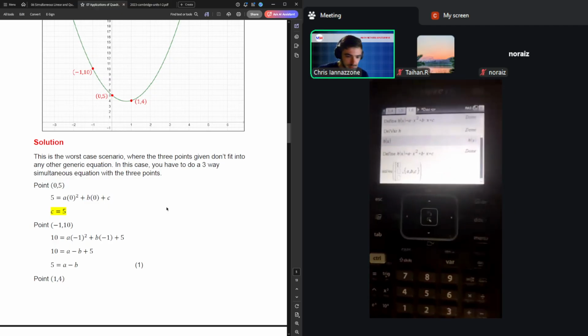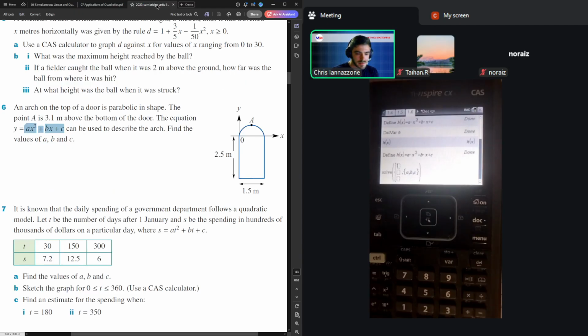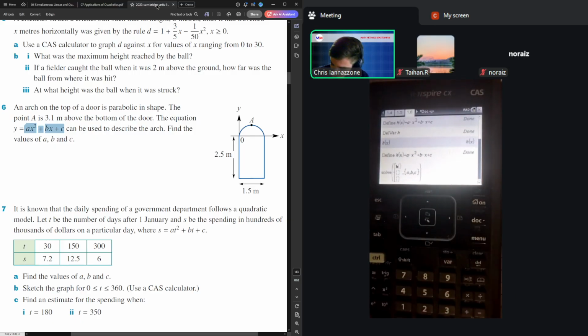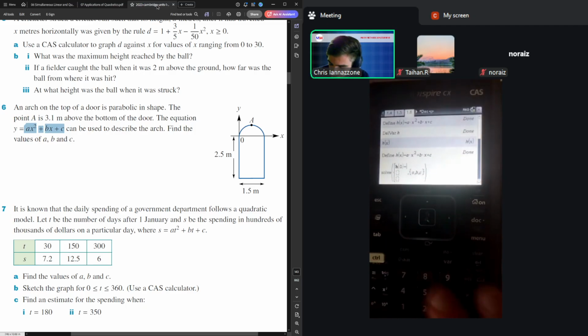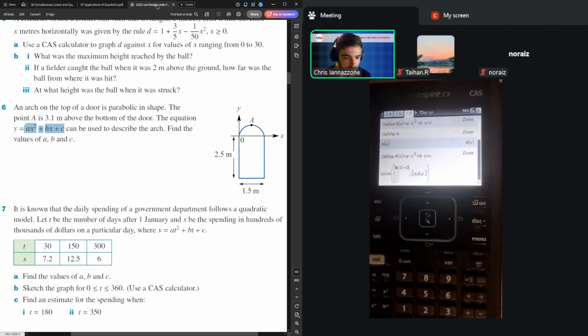Because we have points, any point can be written as a basic equation, which is the function at the x value of, let's say, 0, which we had, is equal to the y value, which was 0. So this is how you sub in the point (0, 0).